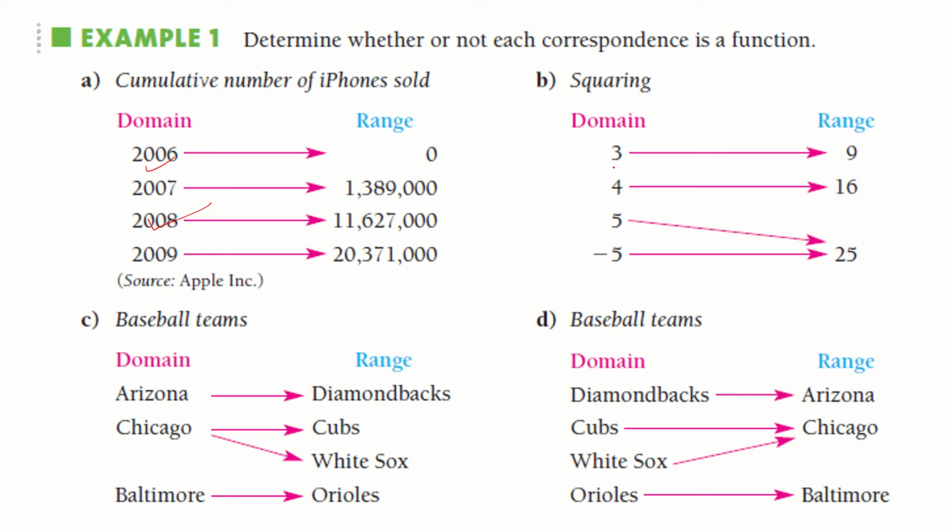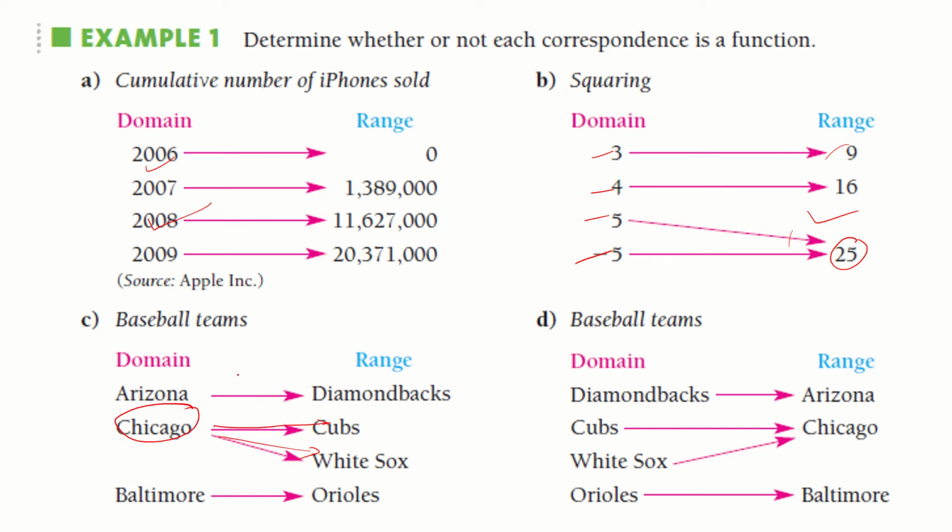What about this one? Again, every element of the domain, or every element of this set, is being corresponded to a unique element of this set. You can see that 5 and minus 5 both are taking the same value 25, but it is allowed in a function, right? Whereas in part C, for these two, this value has two values, that is Cubs and that is White Sox as well.